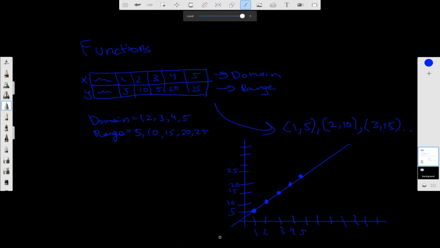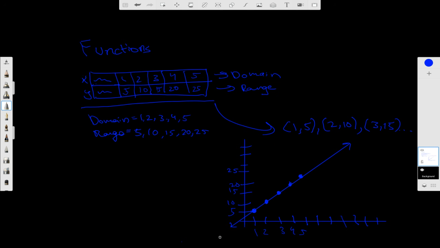So that would be how your graph would look, and remember to add the points. If you were given this, this would be how you graph that. So this is just the starting. I hope you understand this much right now.